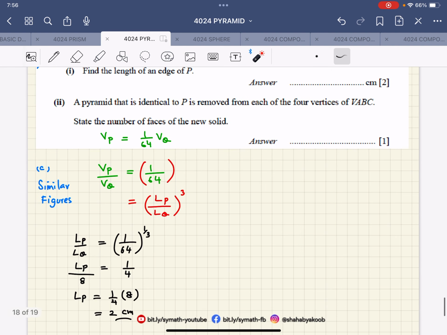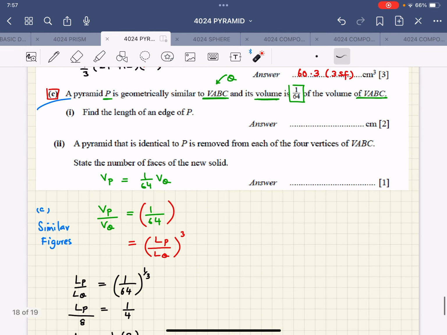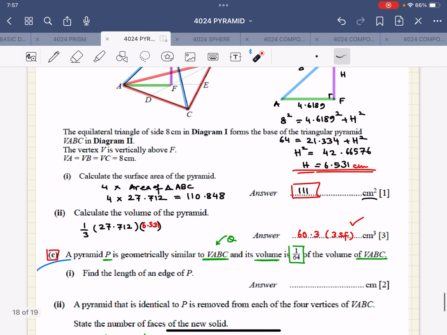Now it says, a pyramid that is identical to P is removed from each of the 4 vertices of VABC. Now we are removing a pyramid from the corner. State the number of faces of the new solid.